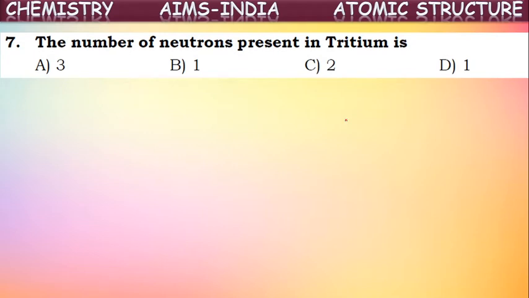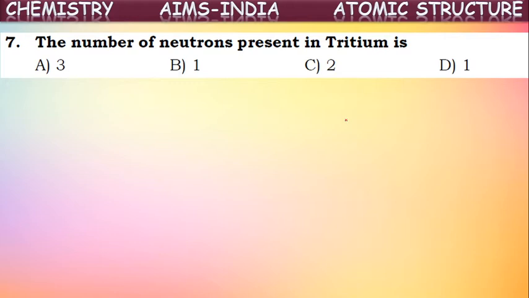Next one, the number of neutrons present in the tritium. What is this tritium here? We know hydrogen has 3 isotopes. Again, what is meant by isotopes here? The atoms with the same atomic number but different mass numbers are called isotopes.